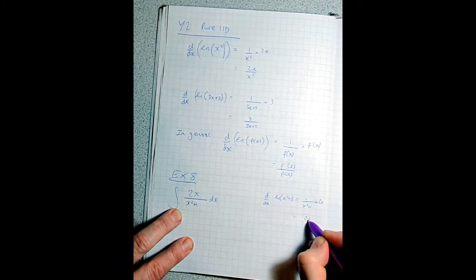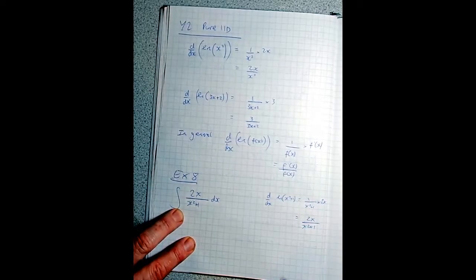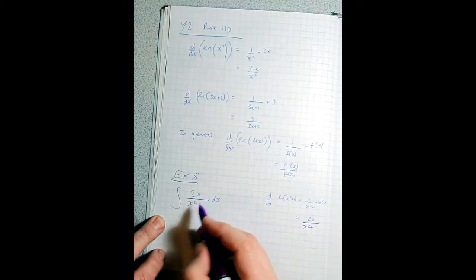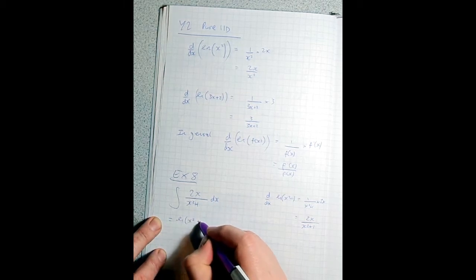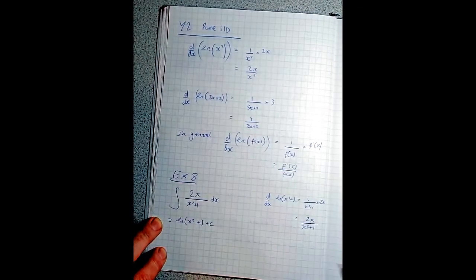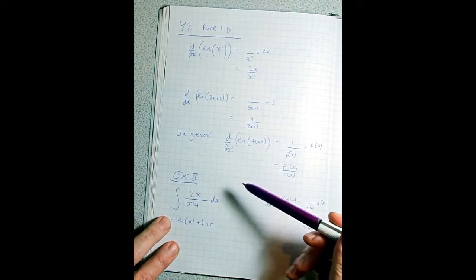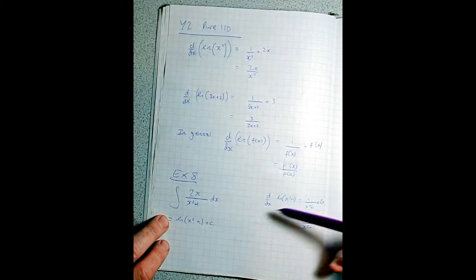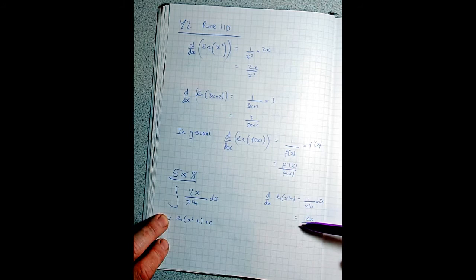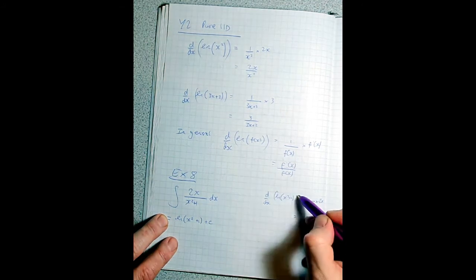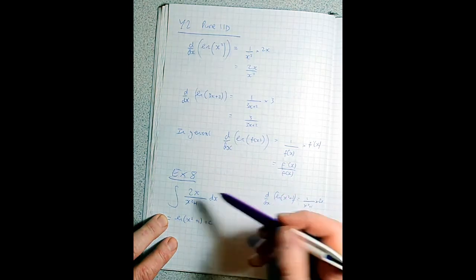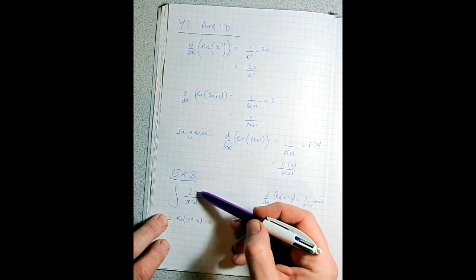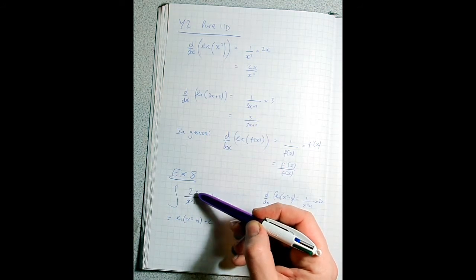So that is 2x over x squared plus 1. So the integral of this must be log of x squared plus 1 plus c. Again, another example of I've done the integration by differentiating, by being intelligent and guessing, I suppose, what differentiates to give this, but it's recognising that the numerator is the derivative of the denominator.